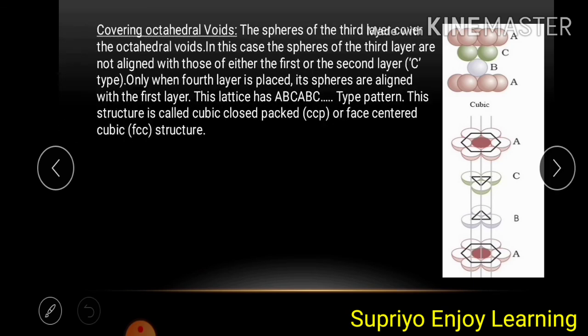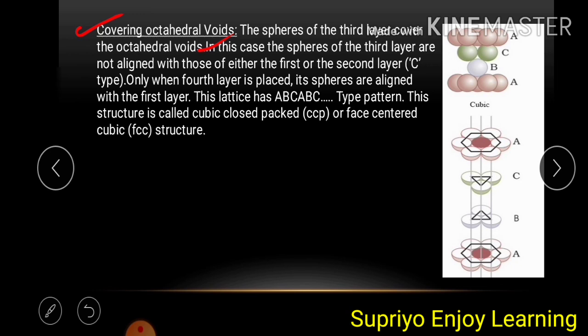Now we'll see covering octahedral voids. The spheres of the third layer cover the octahedral voids. In this case, the spheres of the third layer are not aligned with those of either the first or the second layer.